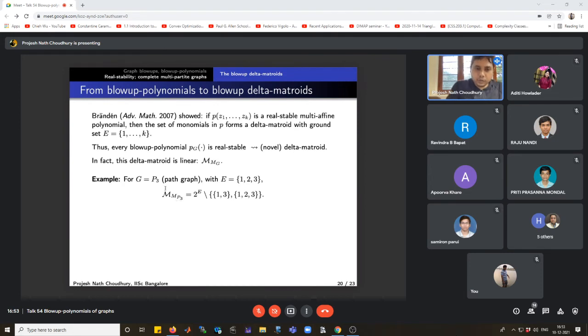So if we take a close look at this MMG for G as a path graph, then this equality holds.